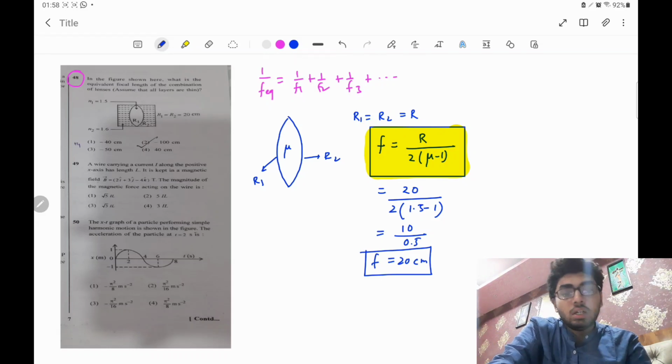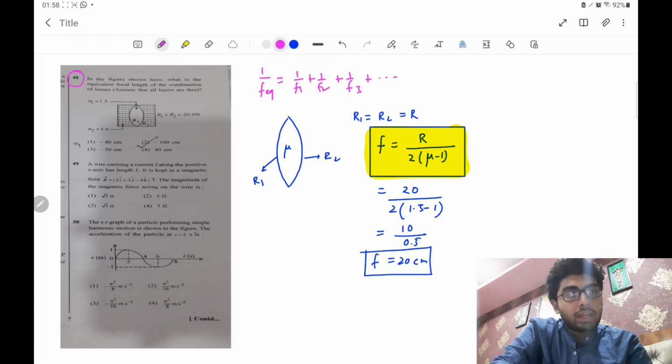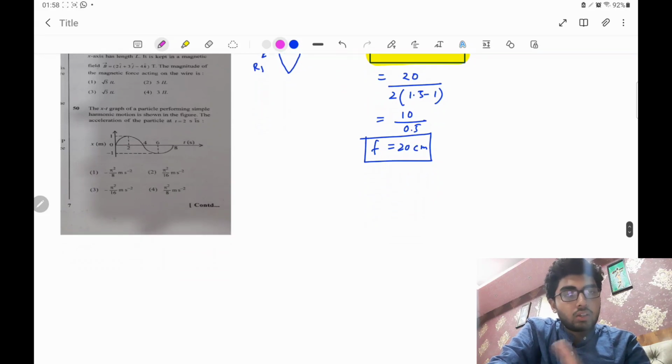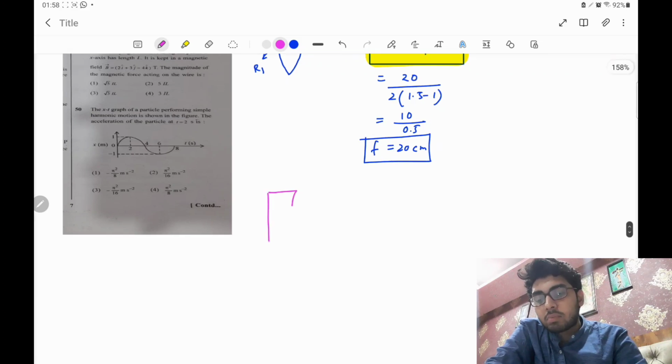Now what about the two plano-concave lenses on both sides of the biconvex lens? I will calculate the focal length of one, and that will also be valid for the other. For such a plano-concave lens, the focal length becomes R divided by mu minus 1.